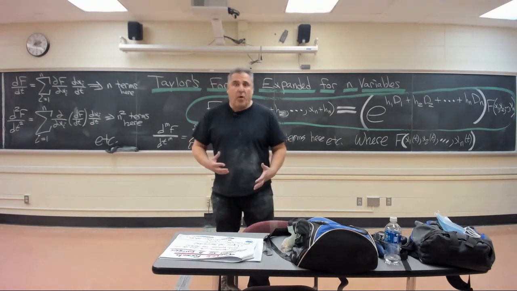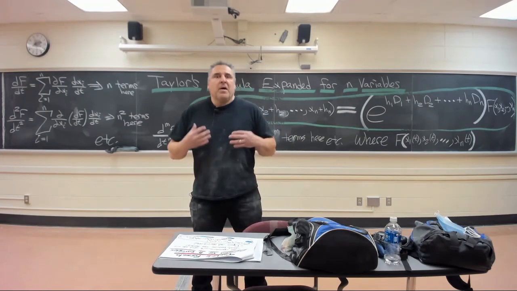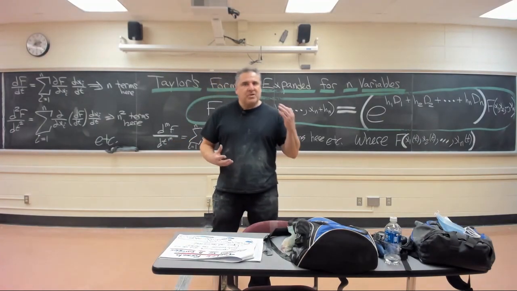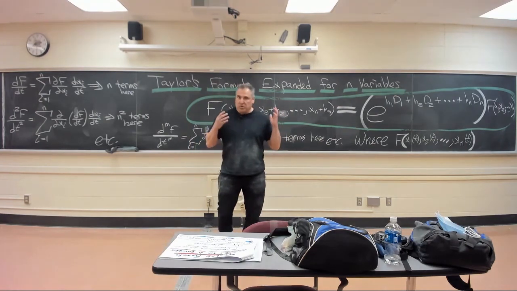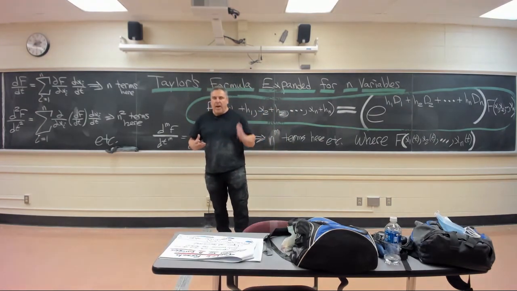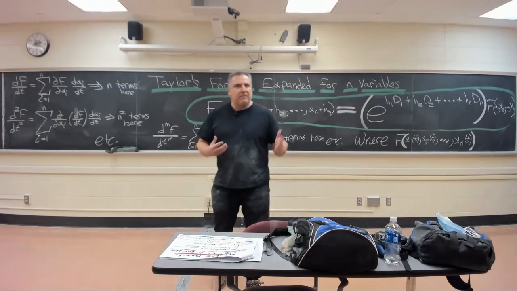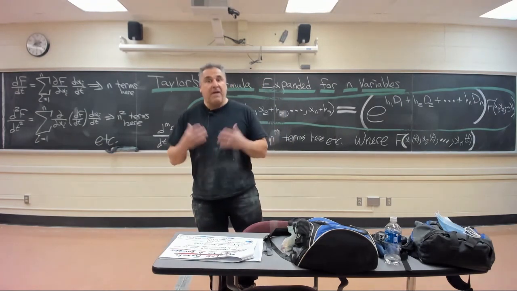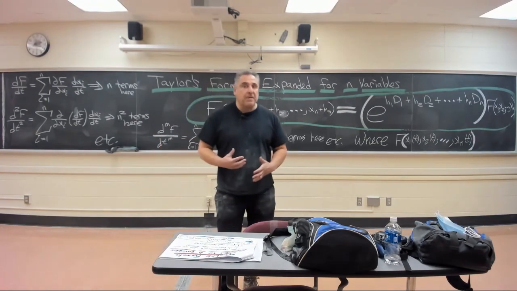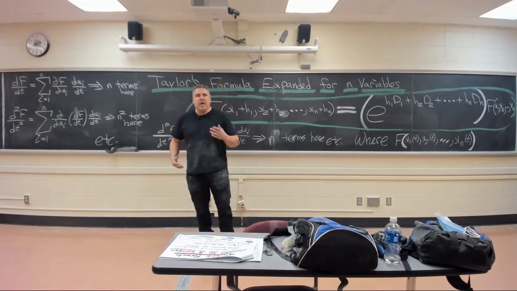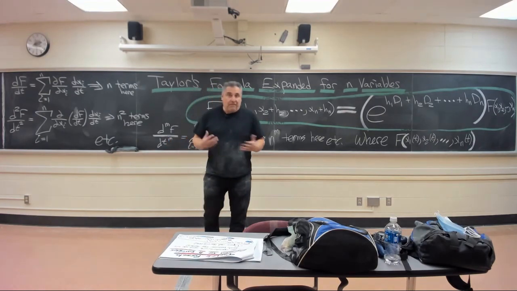You're doing Taylor's formula for n variables as a function of just one variable, t. No matter how many variables there are, if you parameterize each one of those n variables, make them a function of t, the entire function of n independent variables becomes a function of just t. It's a function of a single variable.